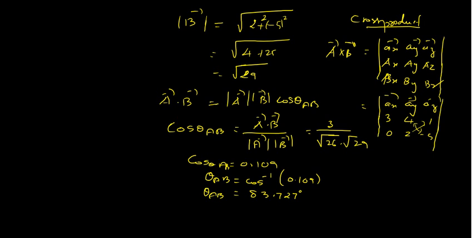Okay. So here the formula is modulus of A cross B is equal to modulus A vector modulus B vector sin theta AB.